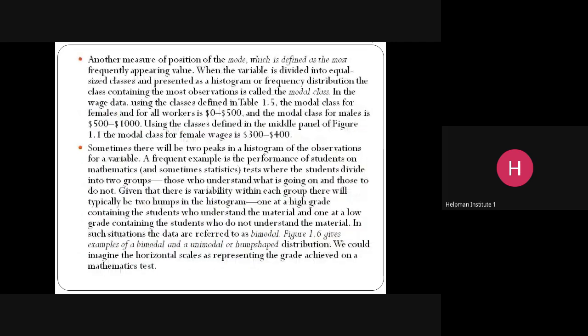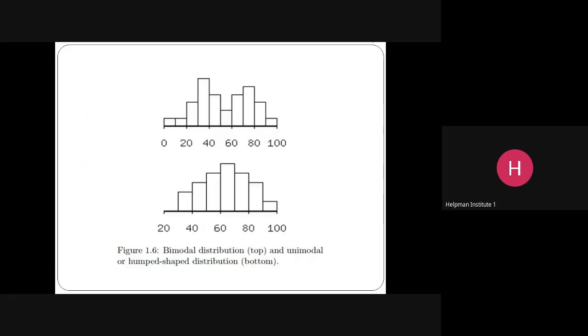Now, secondly, a histogram that has two peaks, let's say it has two high values, we call that kind of histogram bimodal. As in figure 1 here, we see that it has two peaks, so we call it bimodal.